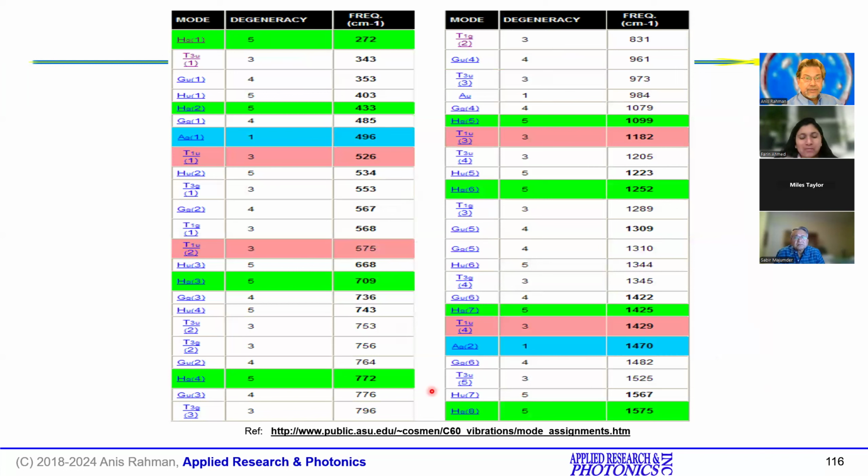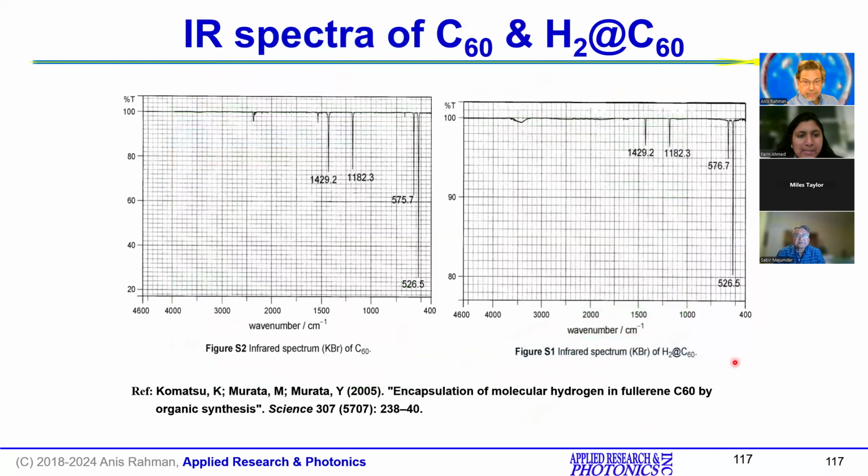Now, these are the states that they have reported, Menendez and Page at Arizona State University. We have seen that a lot of them we can match, but some of them are not reported, and some of those reported we couldn't match.